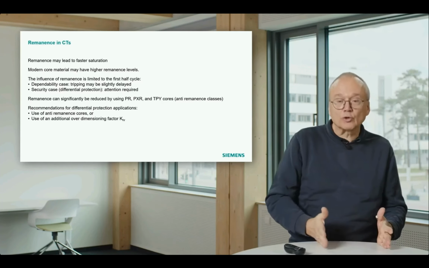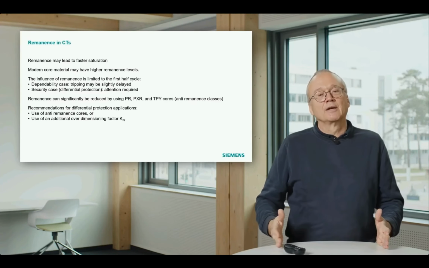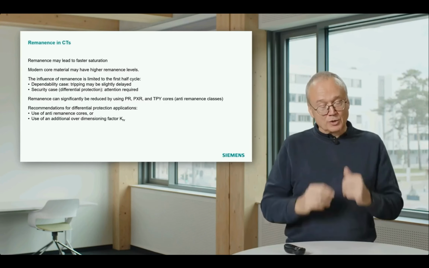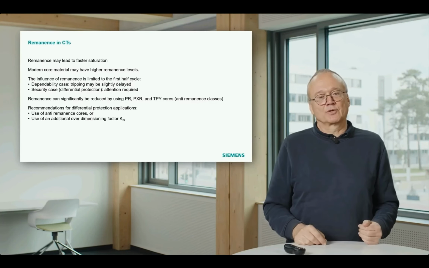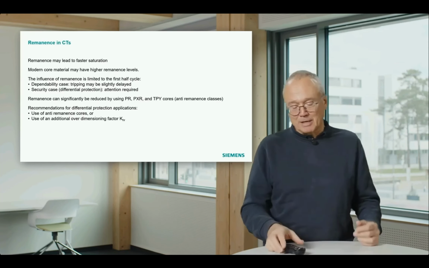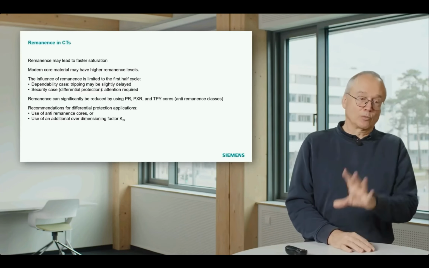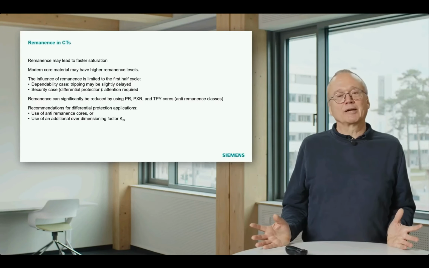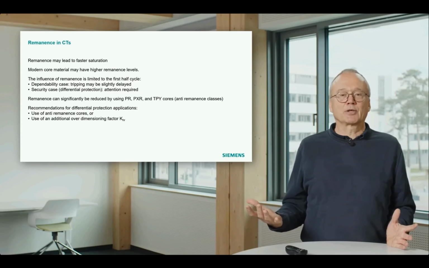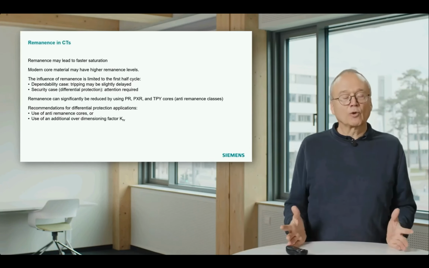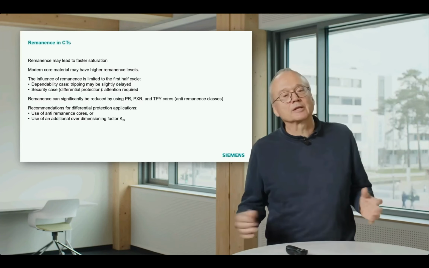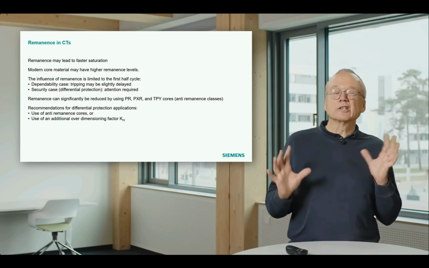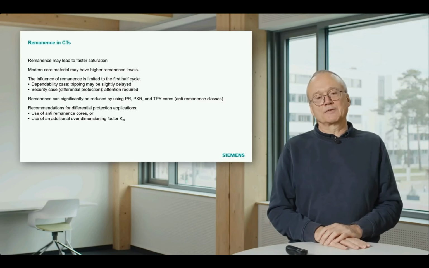So a lot of cases must come together, which can cause then a wrong operation if you don't consider these requirements. So I think there are many applications in operation worldwide where this has not been considered, but you may have peace of mind for 10 years and then suddenly something happens. You have a fault with a high current in a critical position, and then you start calculating and you find out, it seems to be a remanence issue.